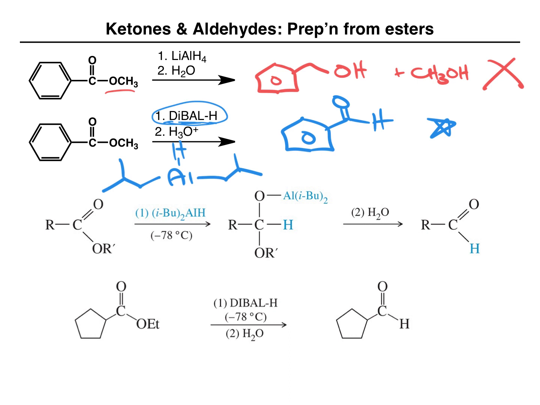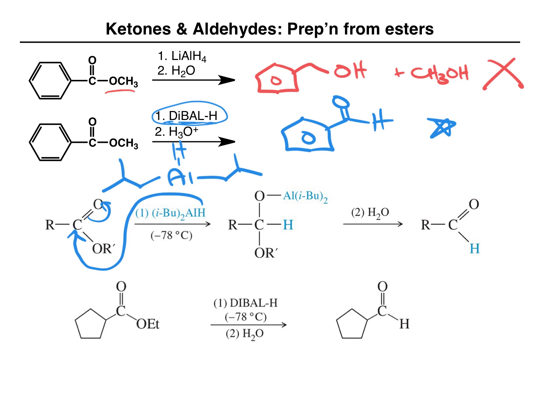So how does this work? We have our ester and we have our diisobutyl aluminum hydride. And so this is a source of H-, and so the H- is going to act as a nucleophile and share its electrons with the carbon, pushing these electrons up onto the oxygen, and that's going to form a complex with the DIBAL species, but it stops here.